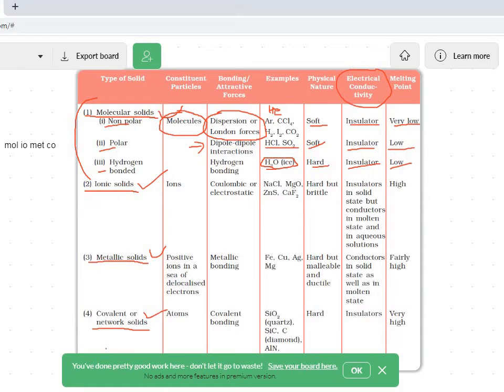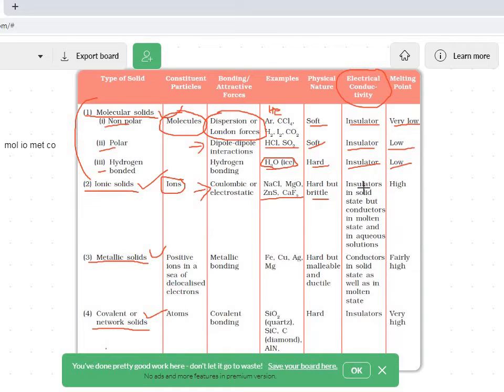Moving to the second listed category, that is ionic solids. The name itself suggests ionic, that means the constituent particles are ions. Whenever the ions are there, the attraction forces acting between the ions are Coulombic forces, or what we can say electrostatic forces. The examples are NaCl, KCl, magnesium oxide, zinc sulfide, CaF2, etc. They are hard but brittle.